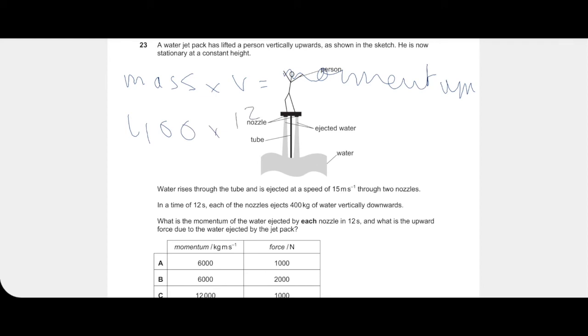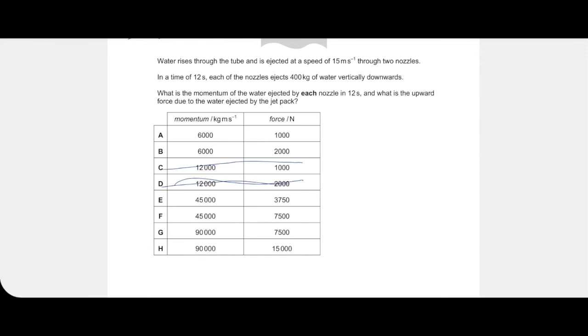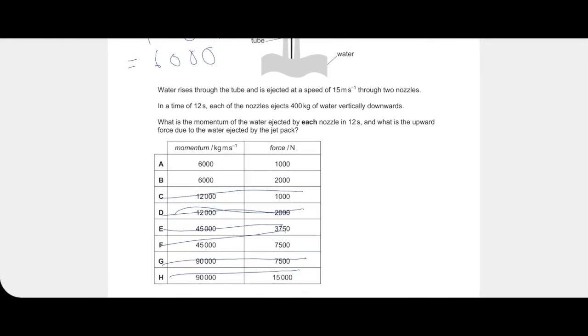That's going to come to 6,000 kg meters per second. So therefore, I could eliminate C, D, E, F, G, H.